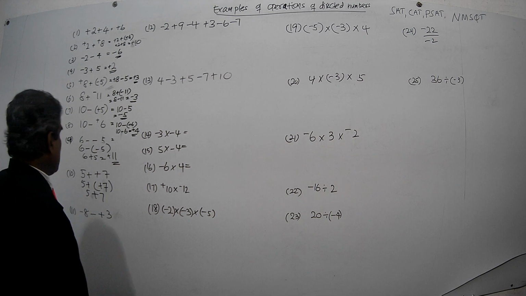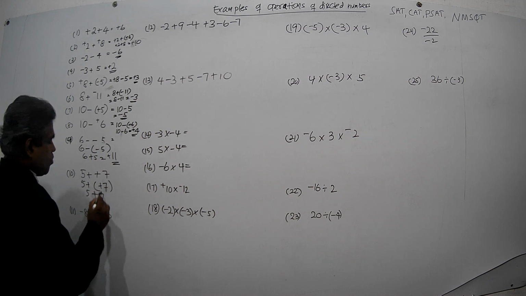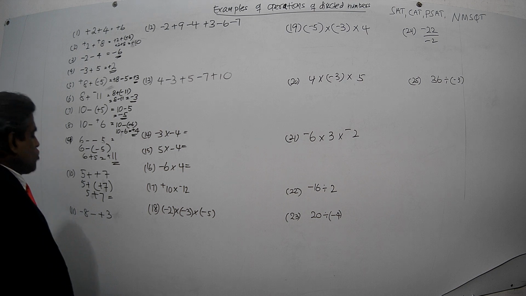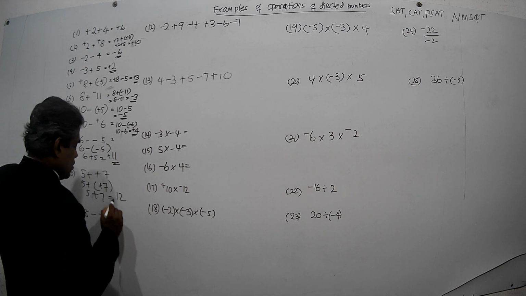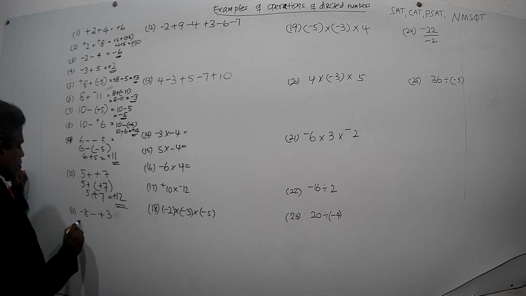When you multiply two same signs, you always get the positive sign. Then 5 plus 7, there are two numbers of the same sign, therefore you add 5 and 7, 12, plus. Right.